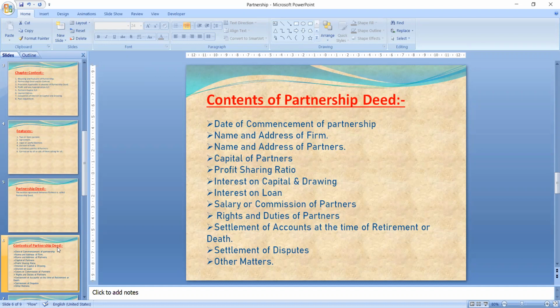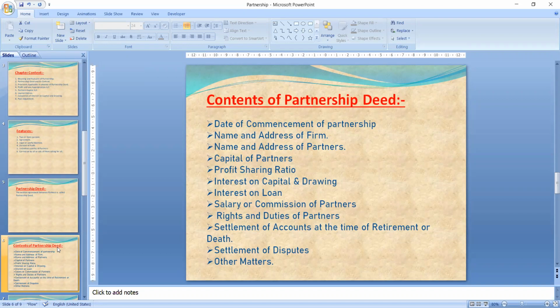If you have seen a partnership deed, the first line written is always the date, like on this day, let's assume 27th July 2022, this partnership comes into effect. It means the partnership starting date is the first item in the partnership deed.